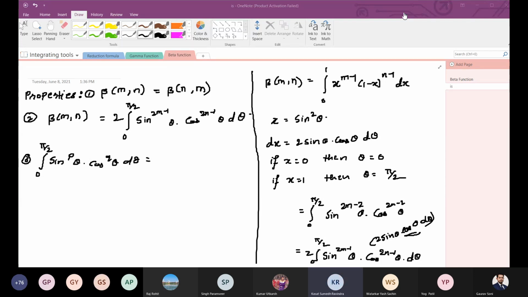Sir, beta of p plus 1 by 2, comma q plus 1 by 2. Exactly. Any other change? It is half correct. Something is missing.